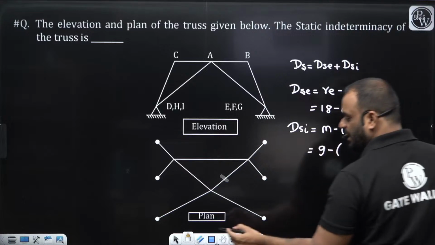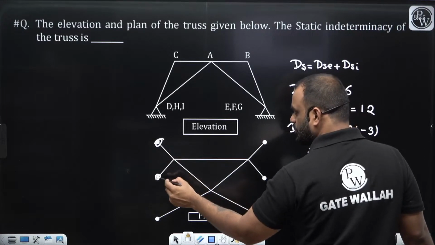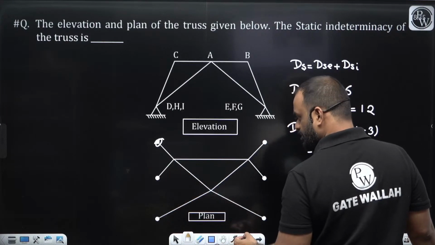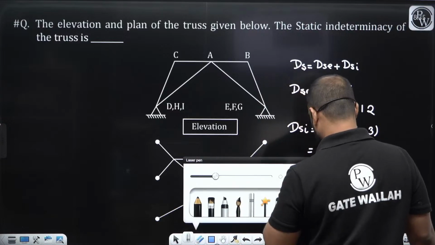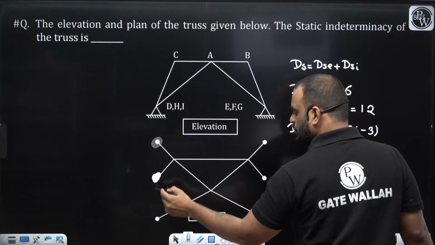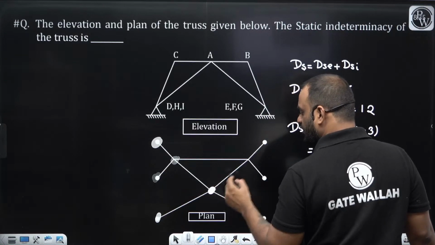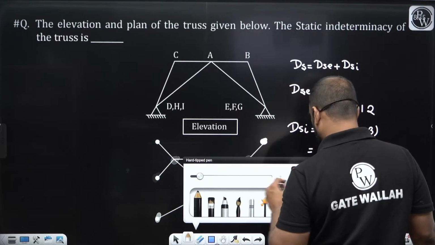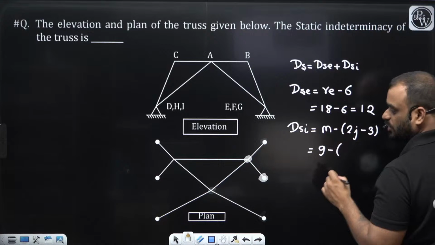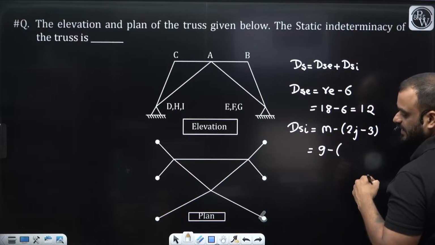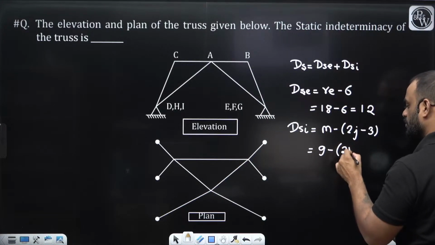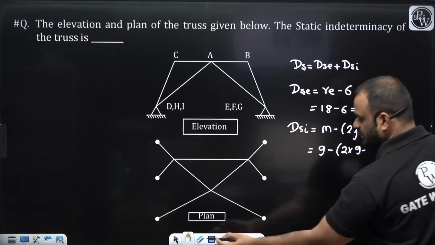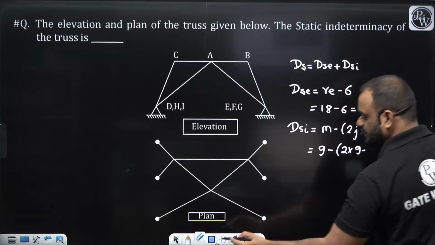How many joints do we have? 1, 2, 3, 4, 5, 6, 7, 8, 9. Total number of joints is basically 9 again. So 2 into 9 minus this value is 6. Wait a minute.